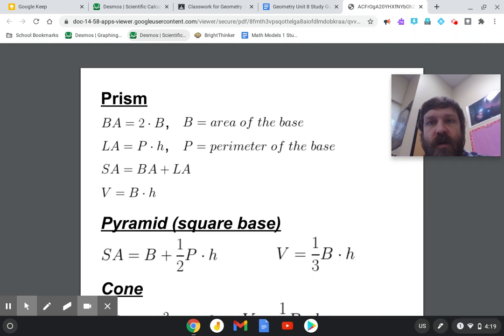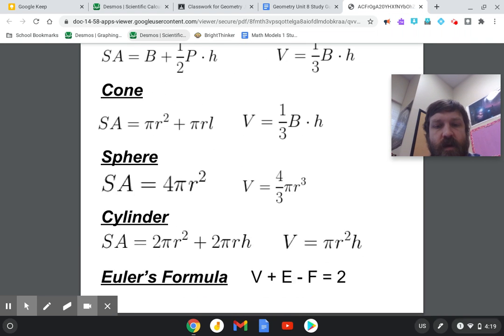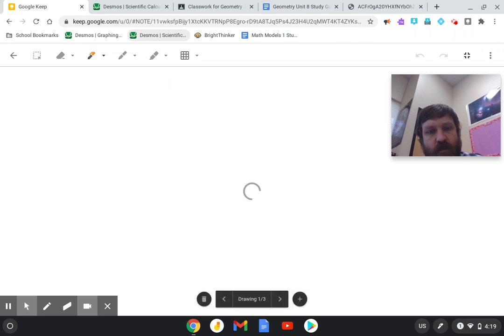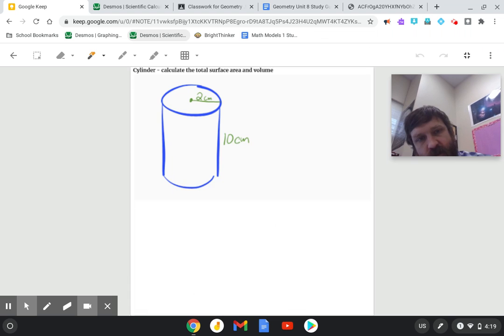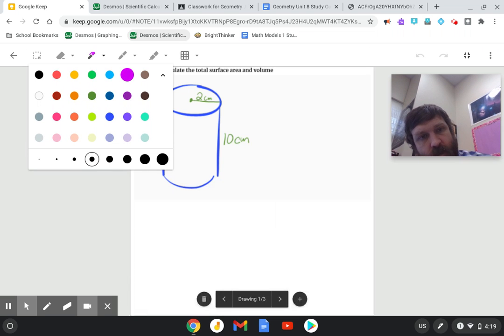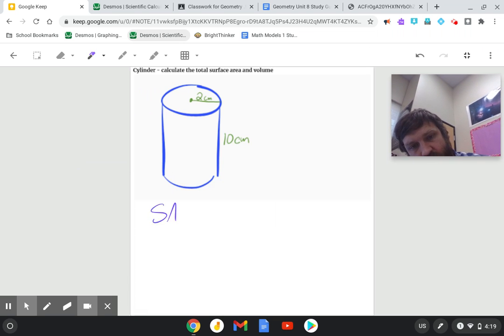Cylinder. Cylinder kind of has its own formula here. You have a surface area and volume formula, so we're going to just use those. Surface area is equal to, let's grab another color here. So surface area equals, so first of all, the radius is equal to 2 centimeters, and the height is equal to 10 centimeters.